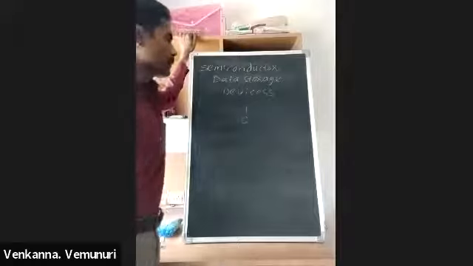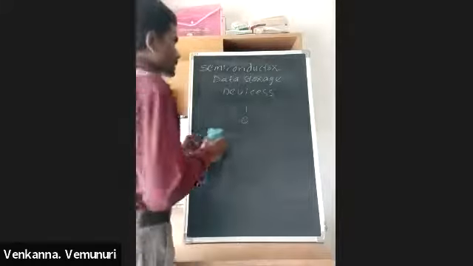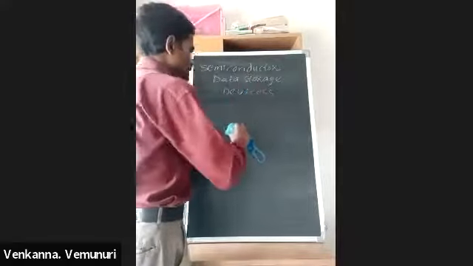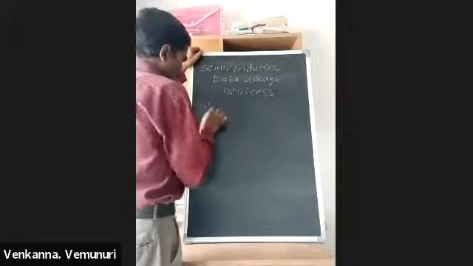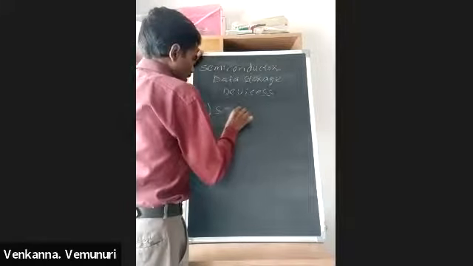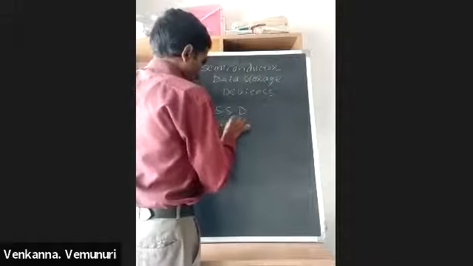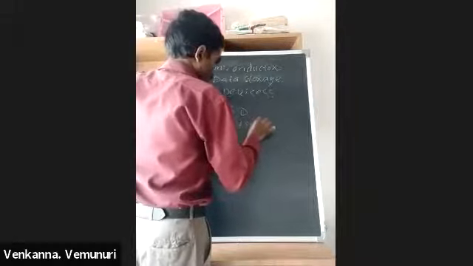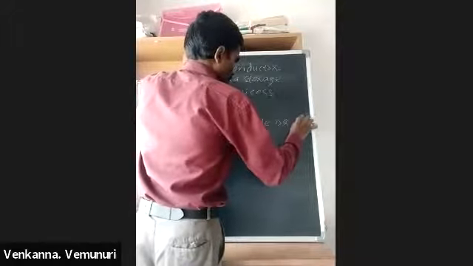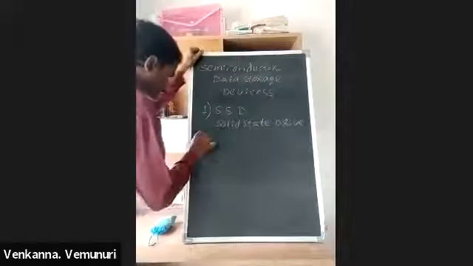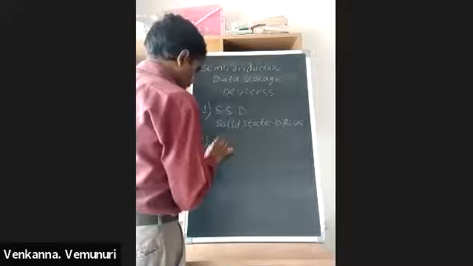So in this semiconductor data storage device category, the first example is SSD, solid state drive. In general words, I am using general words, pen drive.